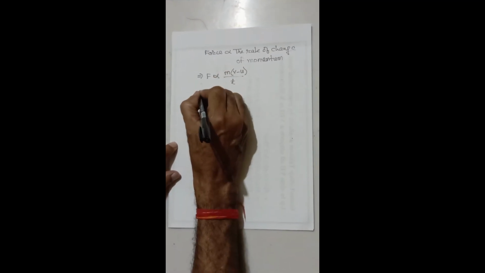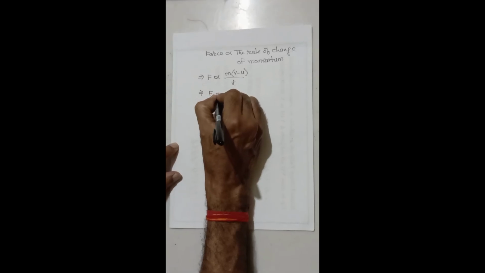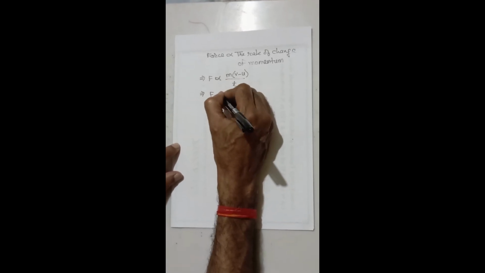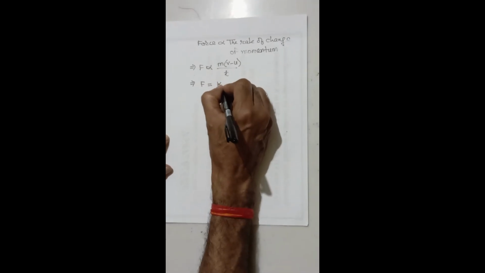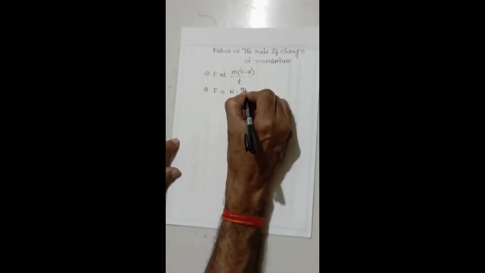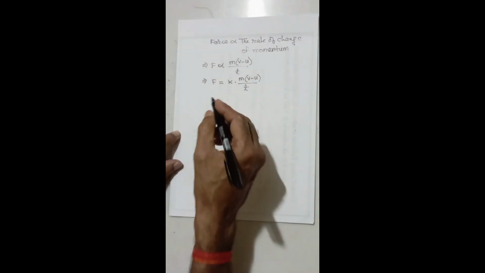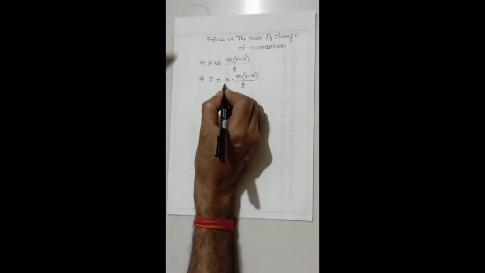This implies force is equal to k into m into v minus u by t.